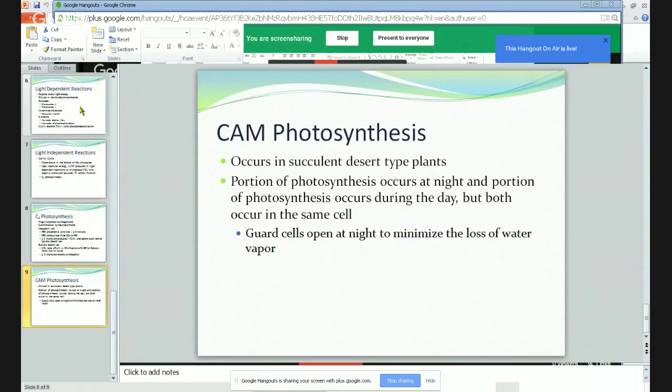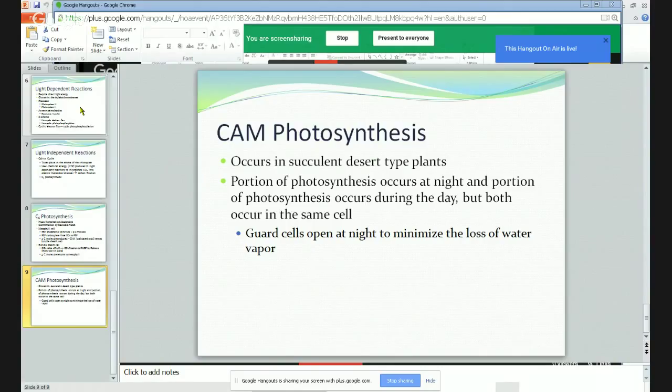And so I know that was probably a lot. It's way more intense than I think people realize. On the back side of your things, I went ahead and made a chart for you with C4 plants, C3 plants, and the CAM photosynthesis.